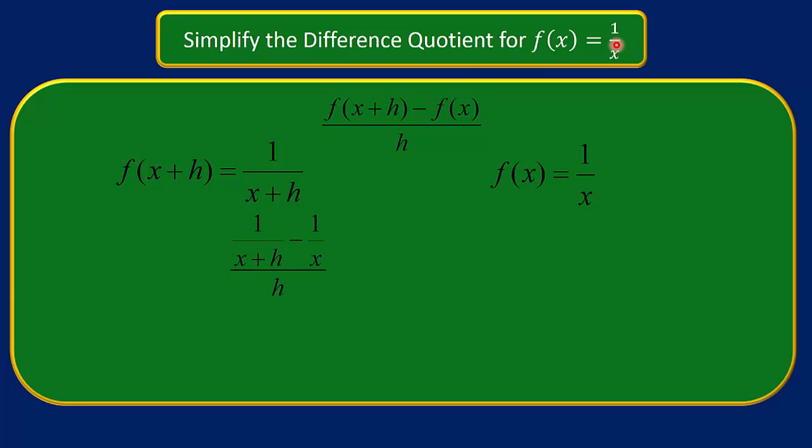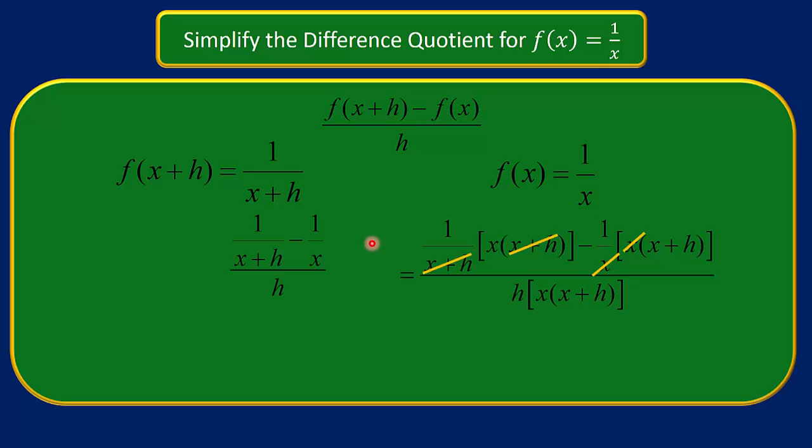Now, here's the way I approach this. I multiply by the common denominator of x and x plus h, which would be x times x plus h. So I just multiply everything by x times x plus h. See, there it is, and on the bottom. So what I did was I multiplied the top and the bottom by x times x plus h, and really that's like multiplying by 1. Okay? Now, here I go. I notice that some things cancel when I do that.